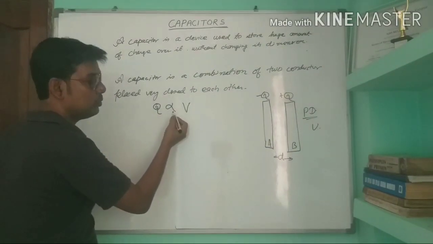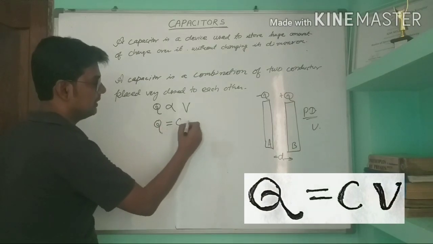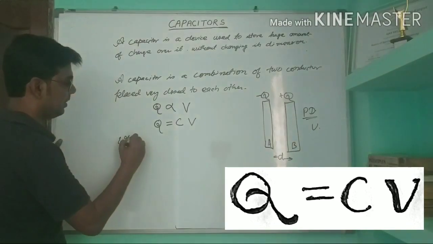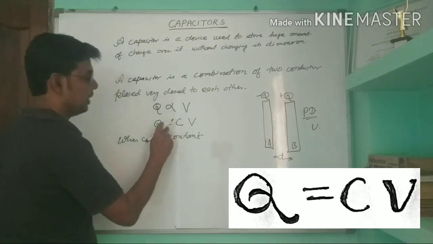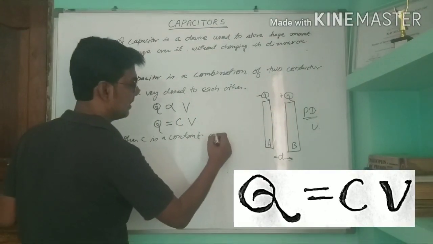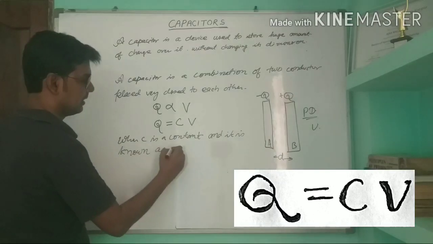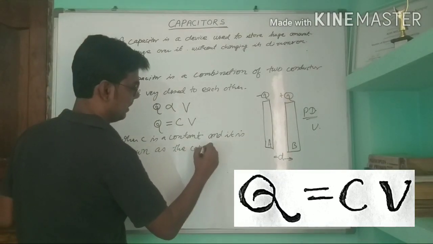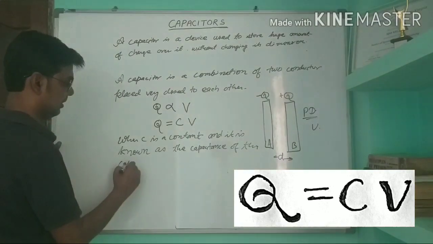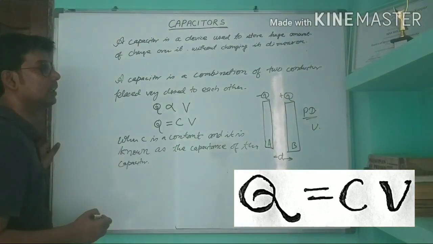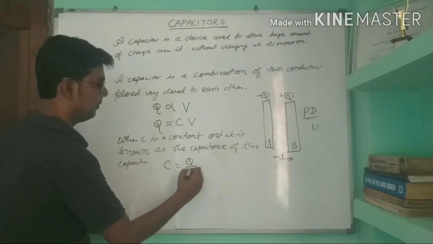If you remove this proportionality sign, we know we can put a constant C, where C is a proportionality constant, and it is known as the capacitance of the capacitor or the condenser. So C will be equal to Q by V.